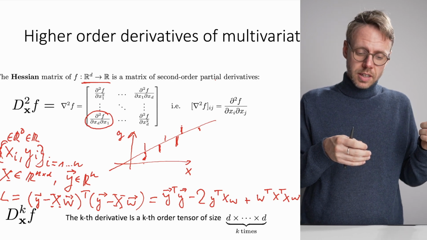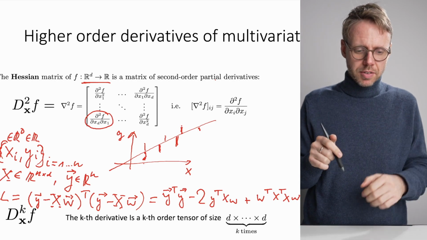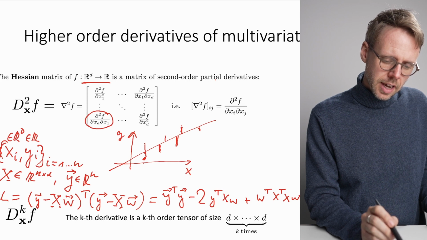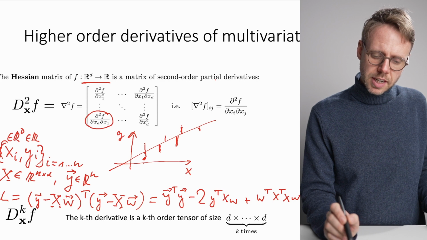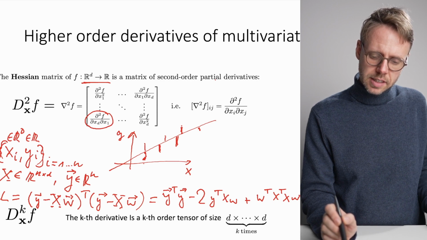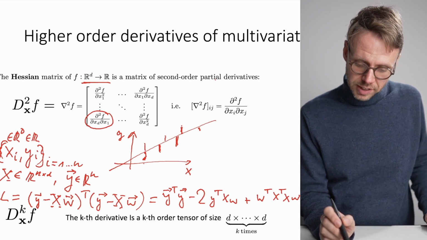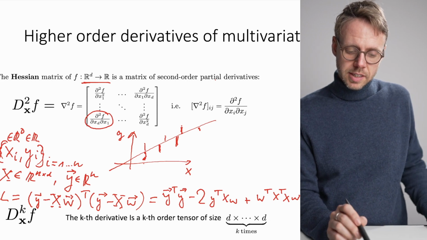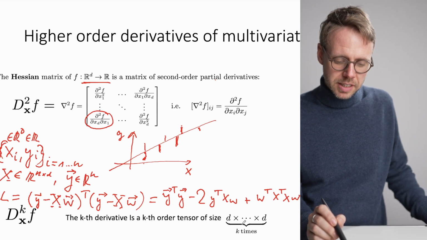So the kth derivative of this multivariate function will be a tensor called D^k_x of f. So it's the kth order tensor of size d to the k. The gradient was the first order tensor of size d. The Hessian will be a second order tensor, so a matrix of size d by d.